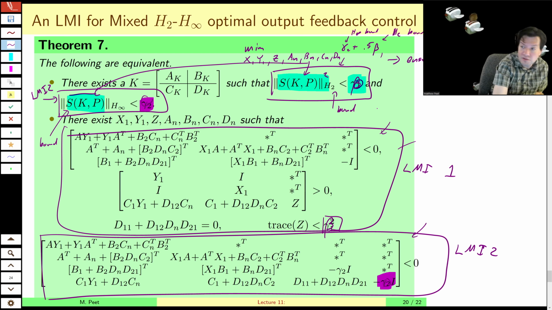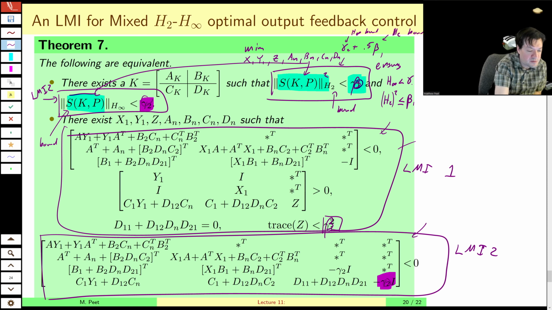This ensures that the H infinity norm is less than gamma 2, and that the square of the H2 norm is less than beta 1.